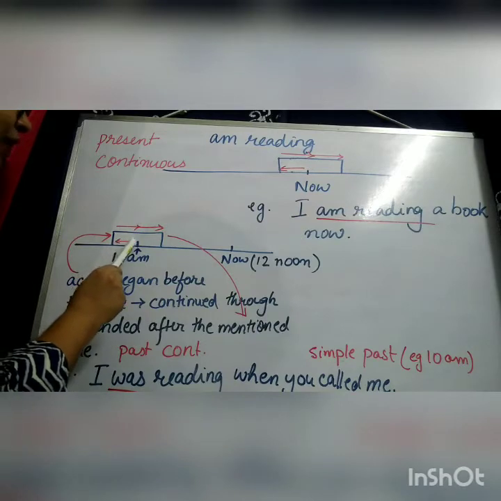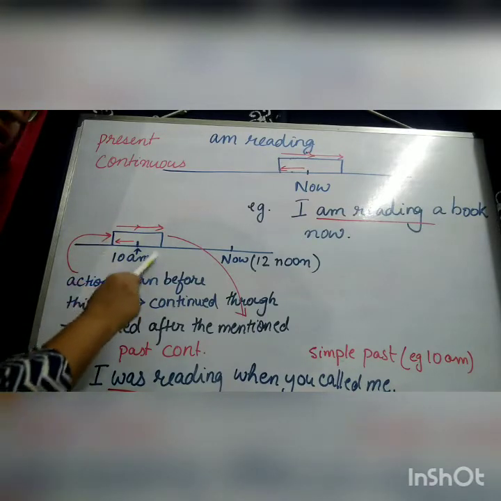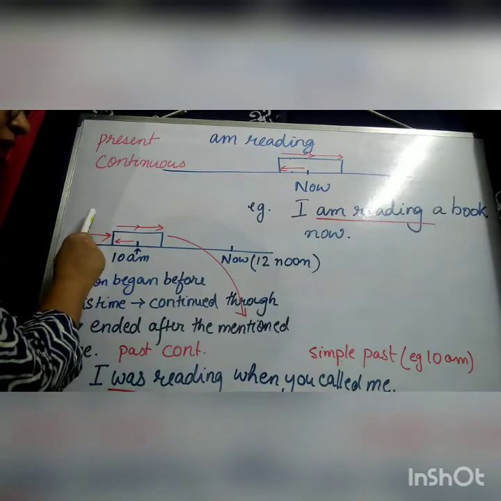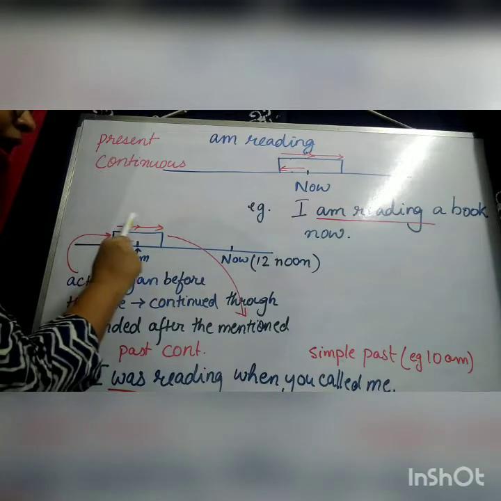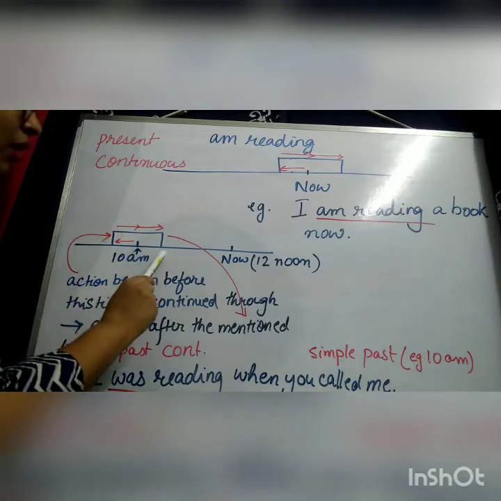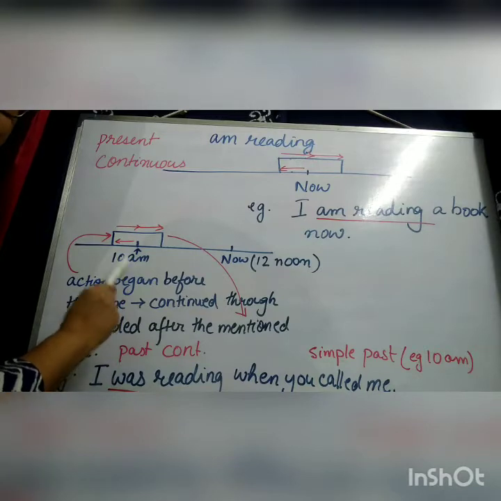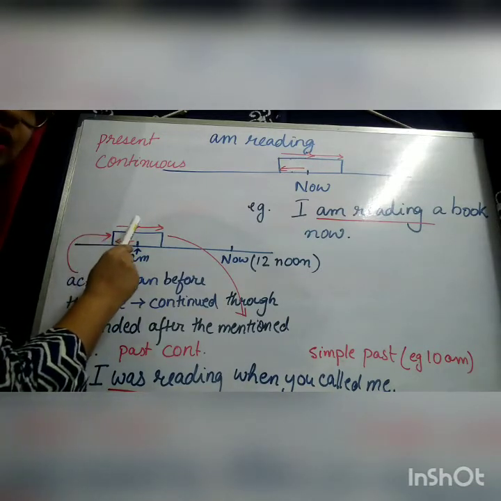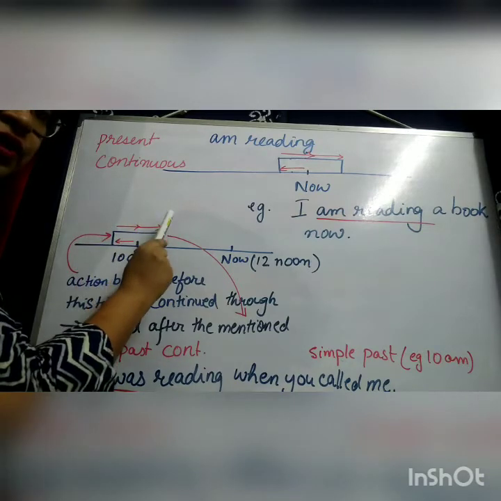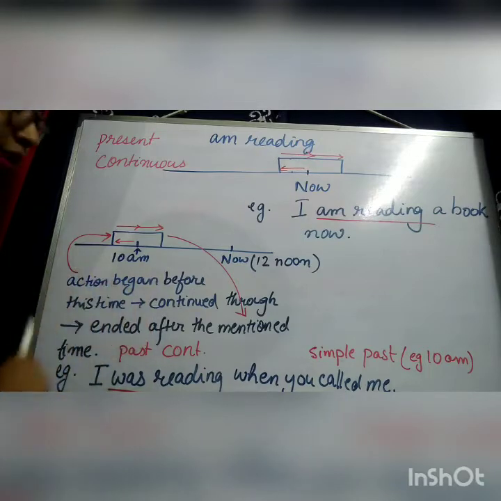This shows that the action started sometime before a time in the past. It continued through the time and ended sometime after the specified time. So the action started before 10 a.m., continued till 10 a.m., continued after that, and then ended sometime after 10 a.m.